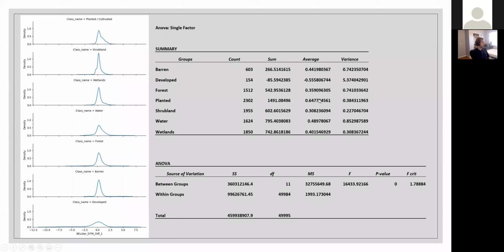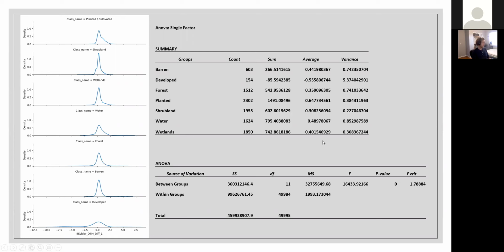So we would want that average difference between the digital terrain model and the bare earth to be 0, as well as a lower variance. Developed, right? So those buildings are getting significantly misestimated compared with the LiDAR. And then also, forested areas and water, right, have higher variance and averages.